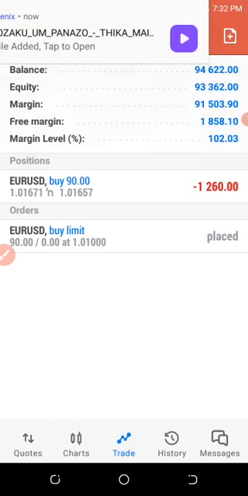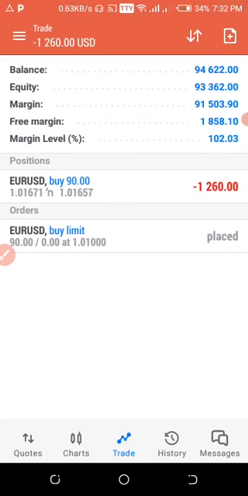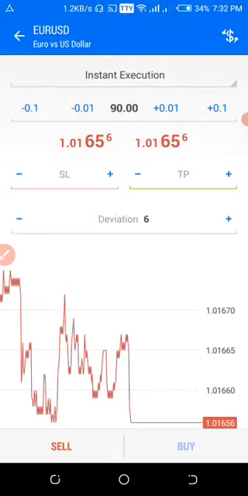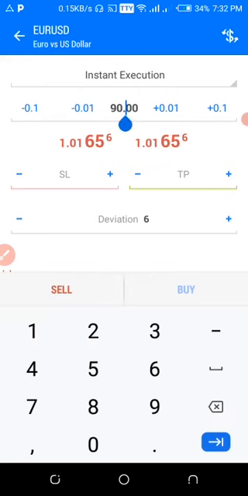And now let's continue to buy again. Sorry for those notifications. So I have to put a very small lot size, but because this is a demo account, I'll put a lot size of 10. Yeah, you can even put a lot size of 0.1, and you will see the movement will be slow.